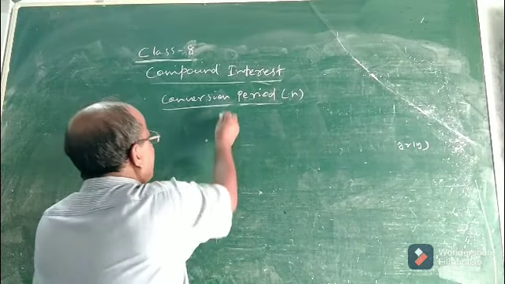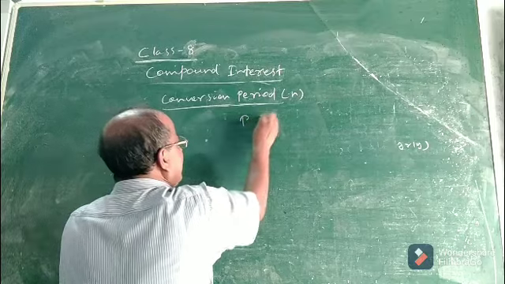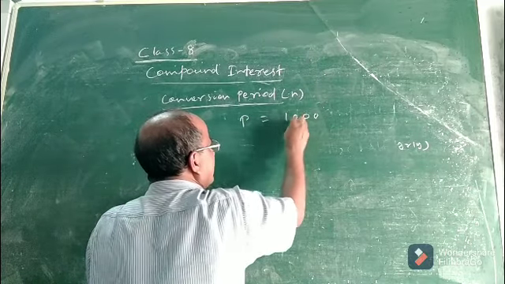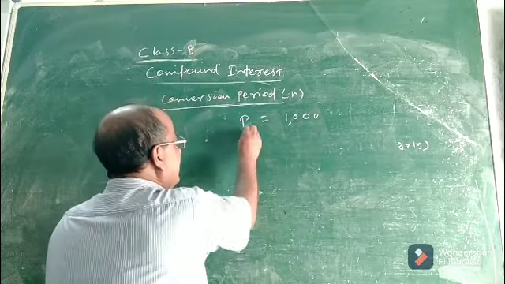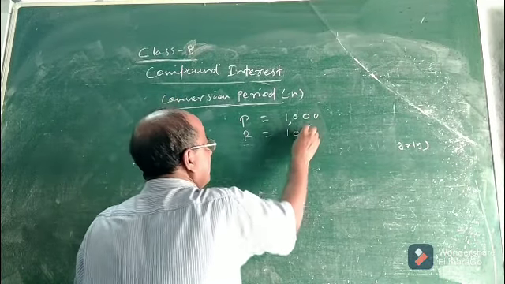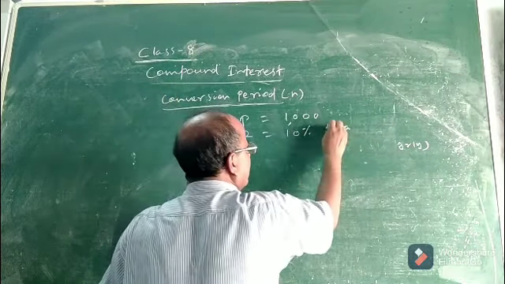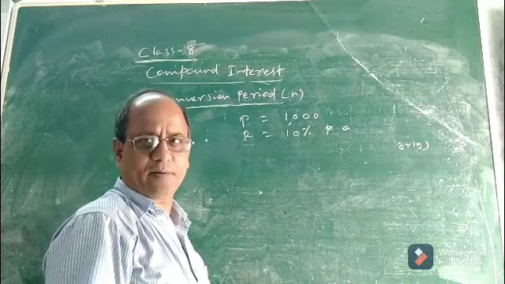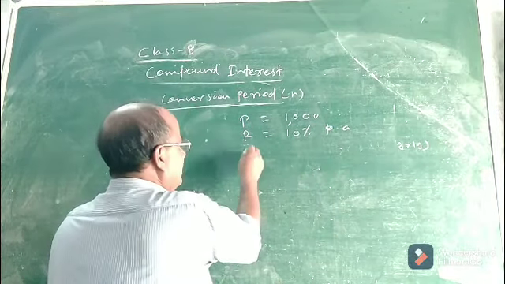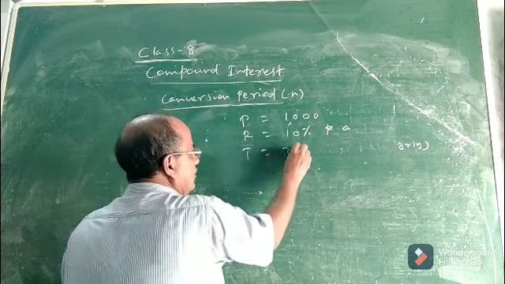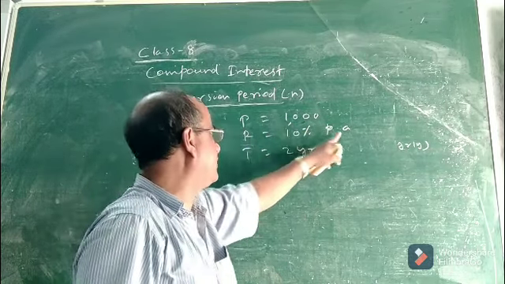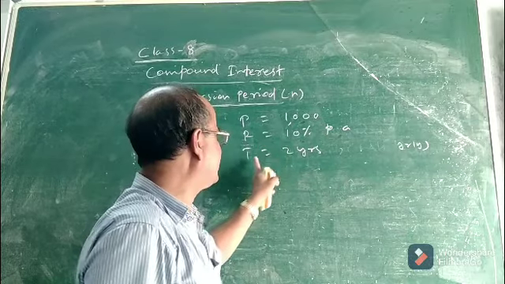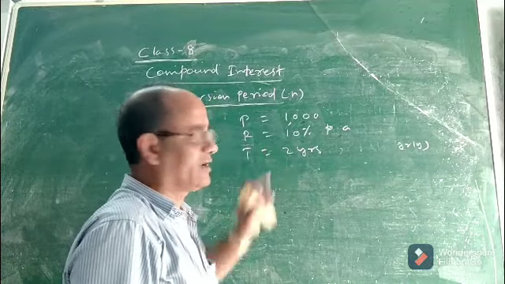See children, suppose P equal to 1000 rupees. Suppose the principal or the sum is 1000 rupees, rate is say 10% per annum, time is say 2 years.